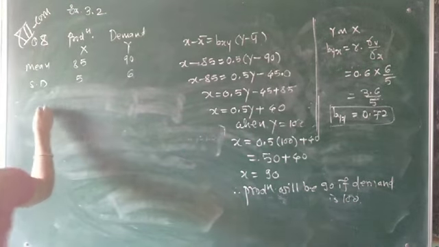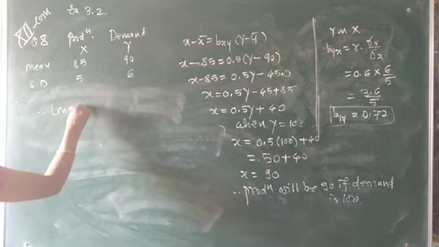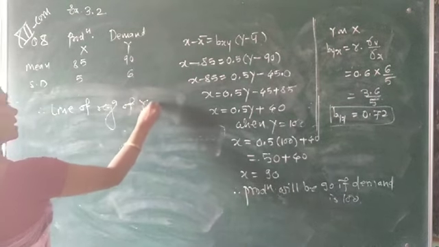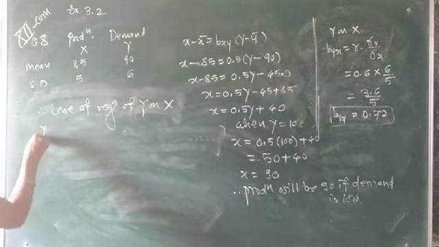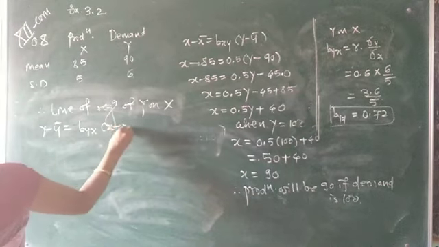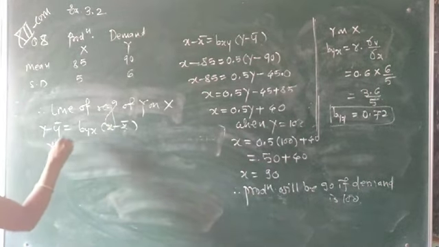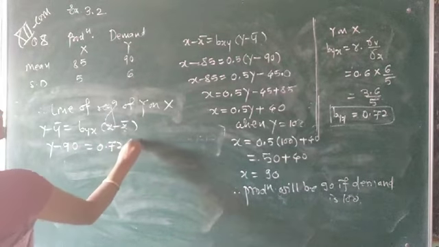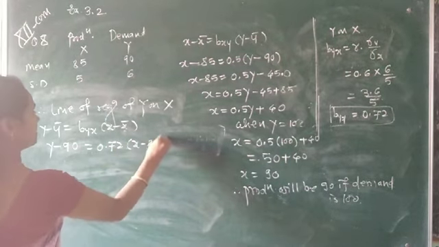Therefore the line of regression of y on x, that means y minus y bar is equal to byx into x minus x bar. Y minus y bar 90, byx 0.72 into x minus 85.